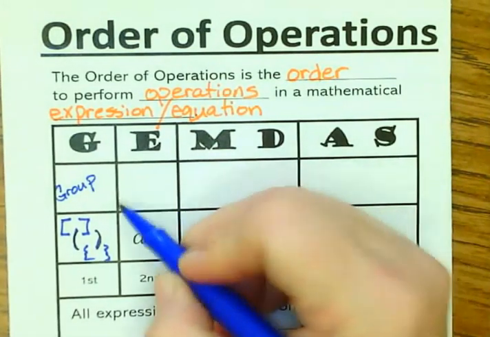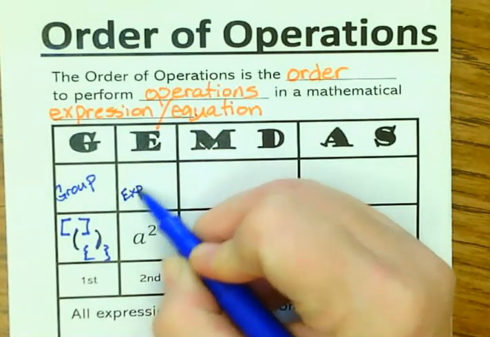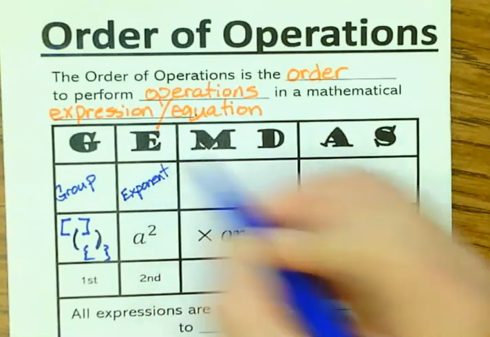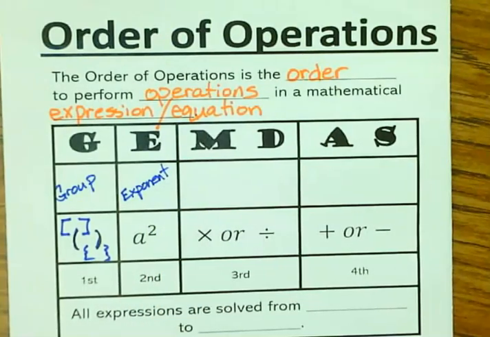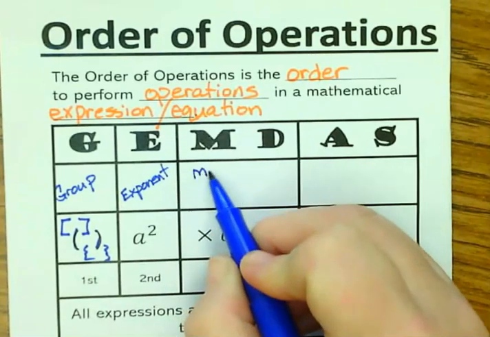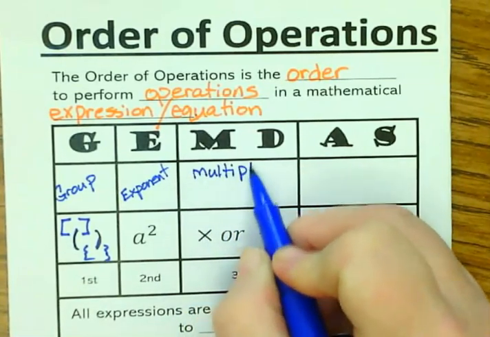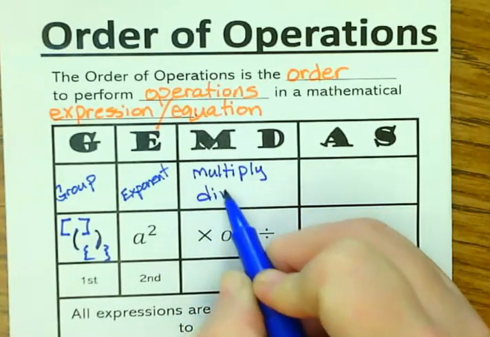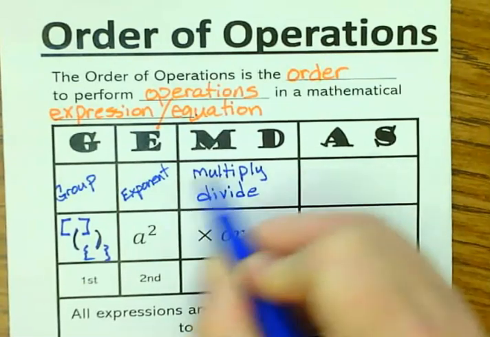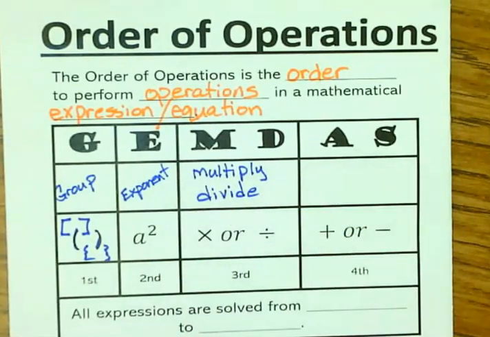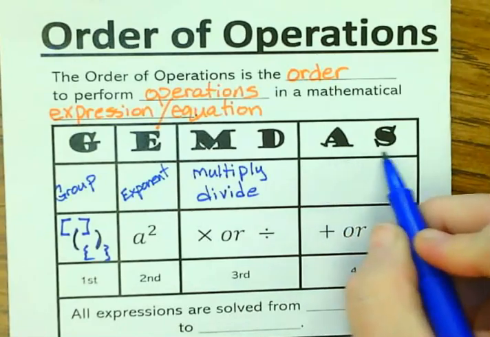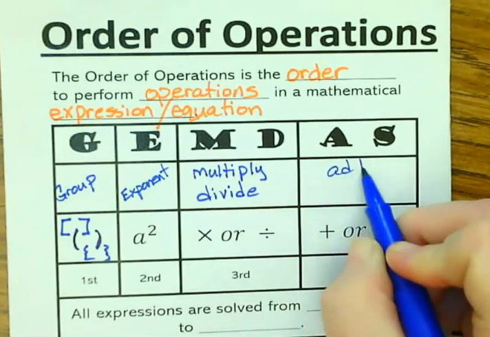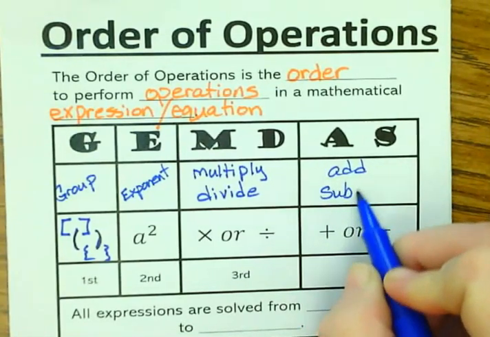The E is for exponent. Then MD, multiply and divide. And notice that it's in the same box because we do them together, not separately. And then AS is add and subtract.